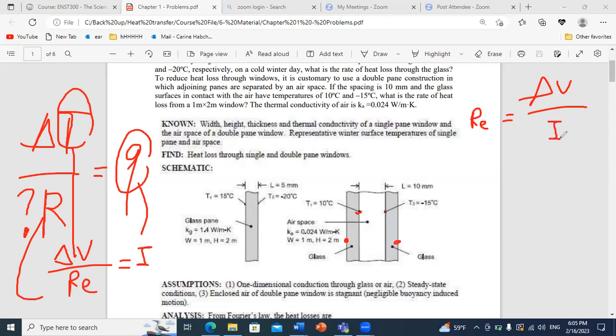So here, when we put the terms together, what appeared is delta T over a summation of terms. Each of these terms is a resistance, and the term was L over Ka.